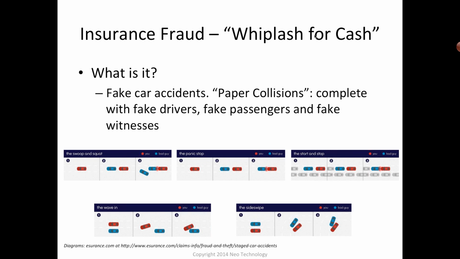So you have fake drivers, fake passengers, fake witnesses. In fact, I saw this past weekend in the Ontario, Canada newspaper that some people got arrested because they were selling seats. And selling seats means that this is a totally staged accident. It's a paper collision.